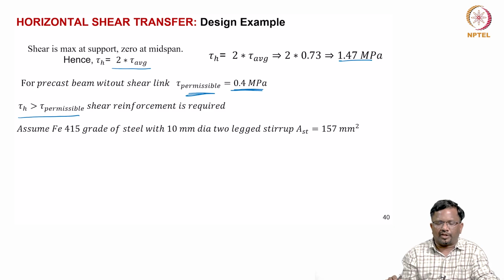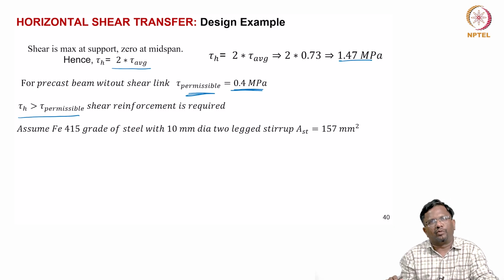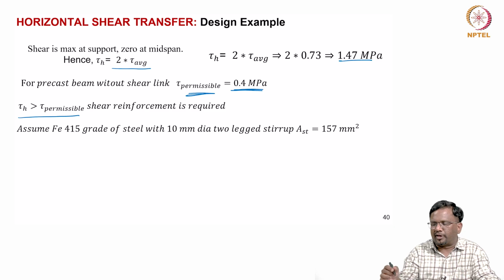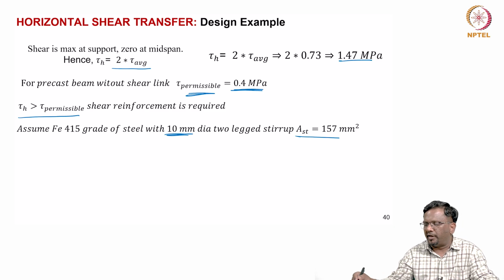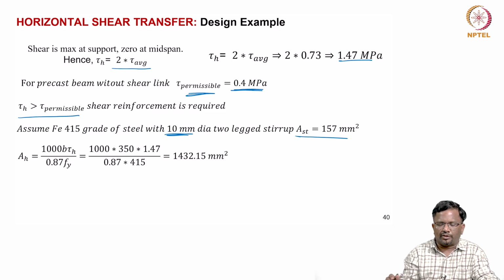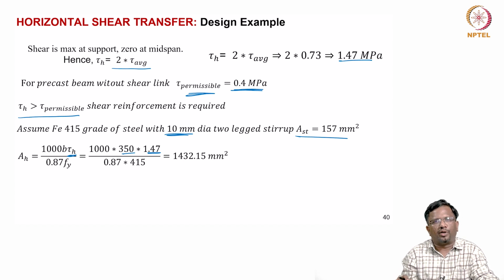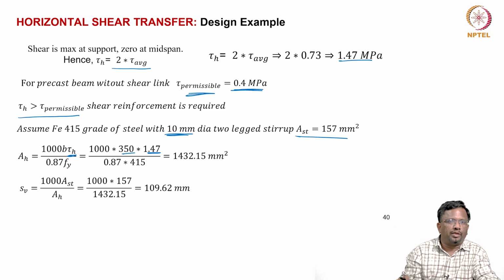Shear reinforcement is required. So, you are going to use Fe415 grade, and because the requirements are high, I am going to put 10 mm dia 2-legged stirrup, and AST is 157 millimeter square. So, if you substitute, AH works out for this shear stress of 1.47, B is 350, to 1432 millimeter square for every 1 meter.